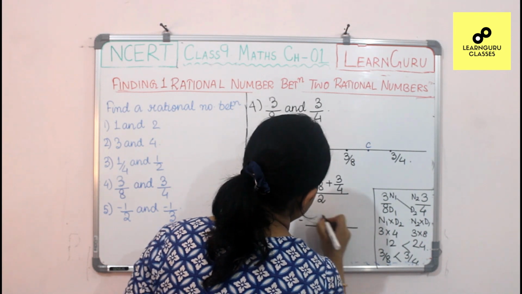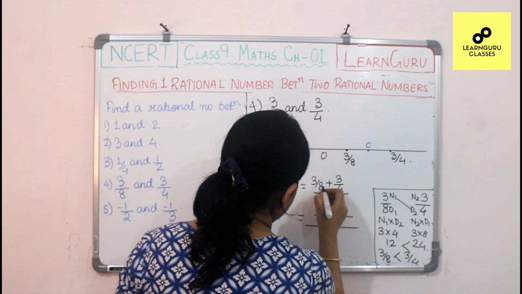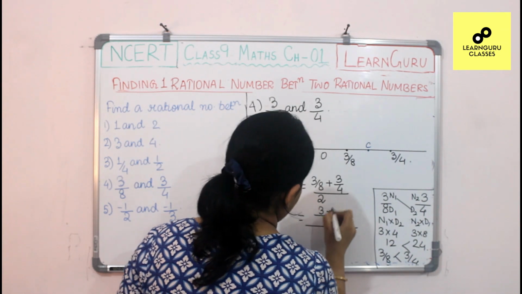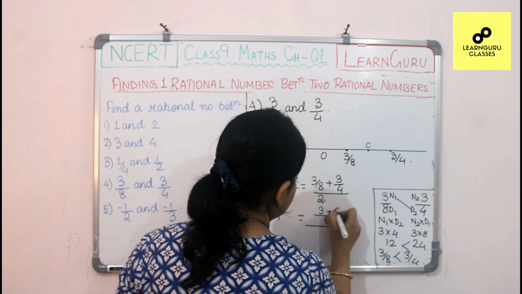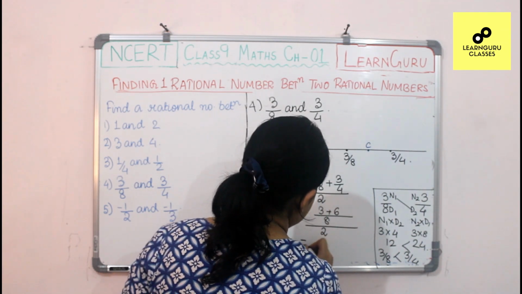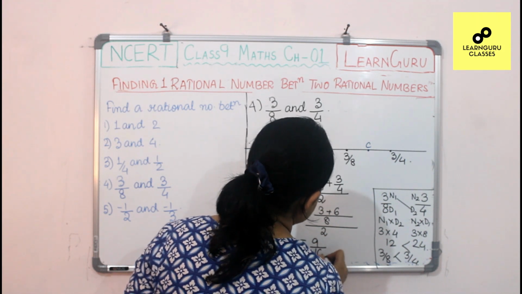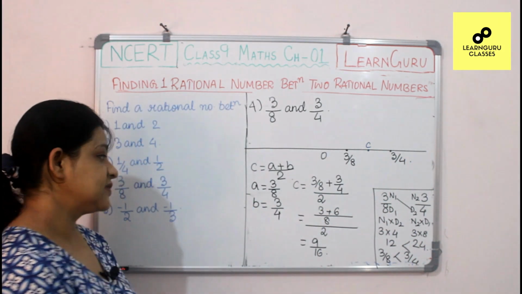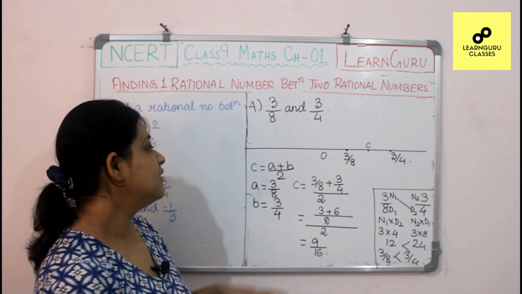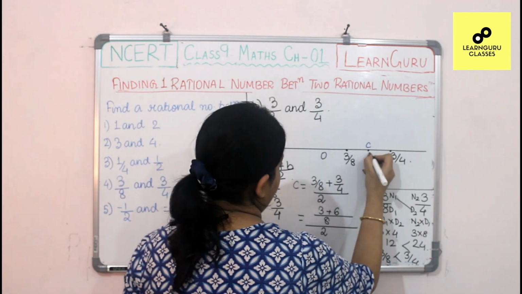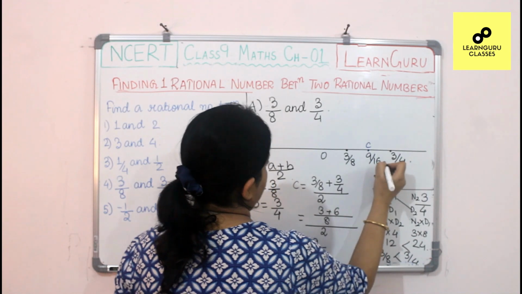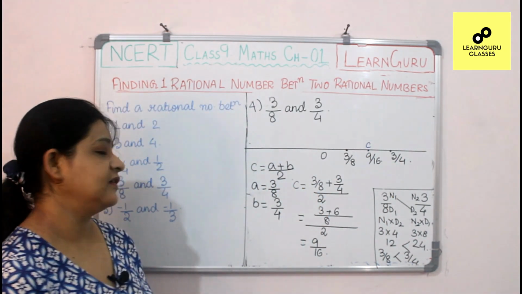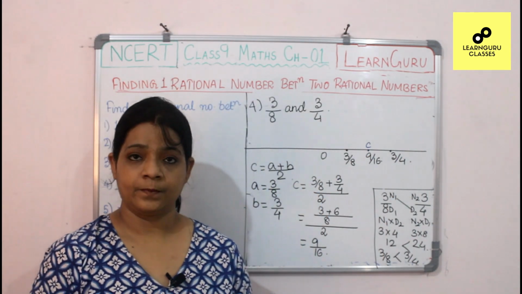So, the LCM is 8. So, 8 ones are 8, 3. 4 twos are 8. 3 into 2 is 6 by 2. That is 9 by 16. 9 by 16 is the mean value between 3 by 8 and 3 by 4.